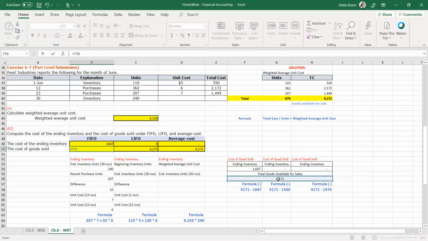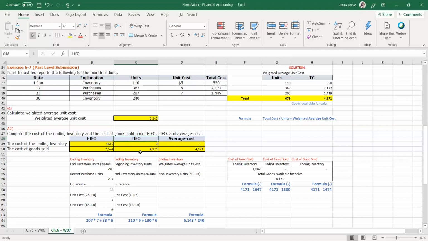So let's take this amount minus the ending inventory, and ta-da, we have our cost of goods sold. The cost of goods sold is the same formula for FIFO, LIFO, and average cost.